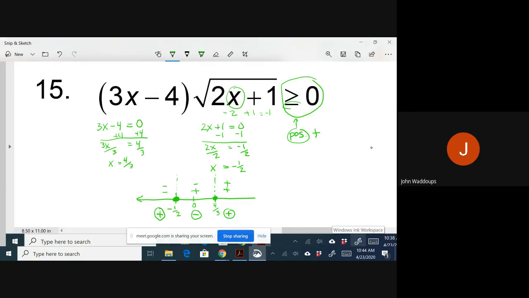But I can't find the square root of a negative number, not in the real numbers. And so I can't go to the left of here like it would indicate that we can. So that basically cancels those solutions that would go off to the left. But negative 1/2 is still a solution.